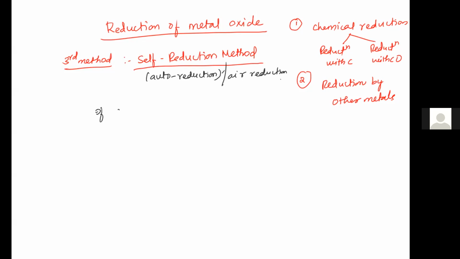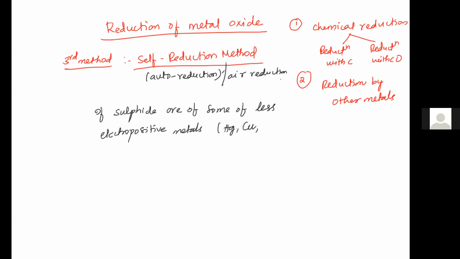If we have sulfide ore of less electropositive metals like mercury, copper, lead, antimony, etc. As it's called air reduction, they are heated in air.